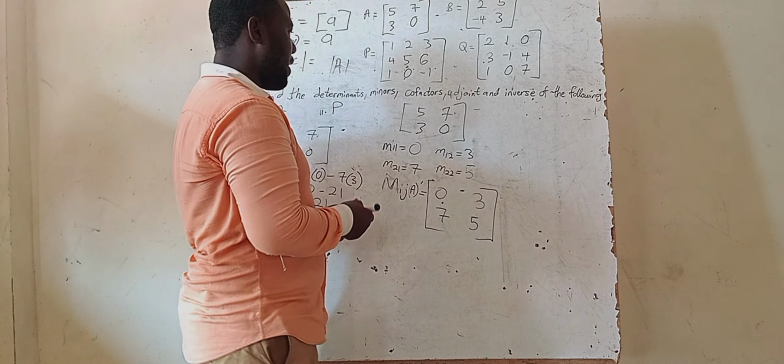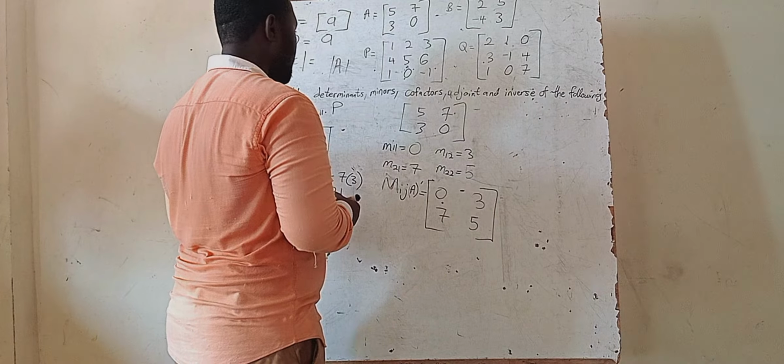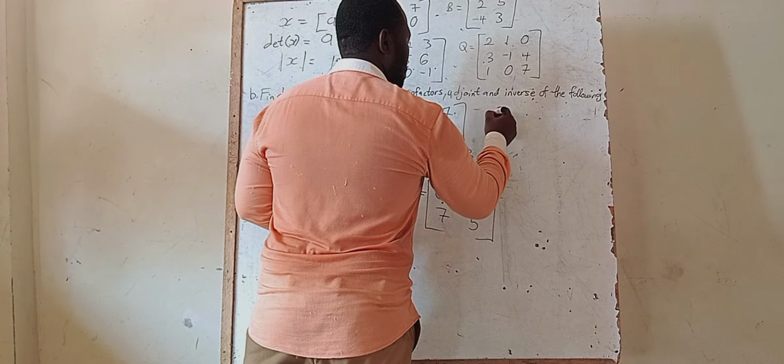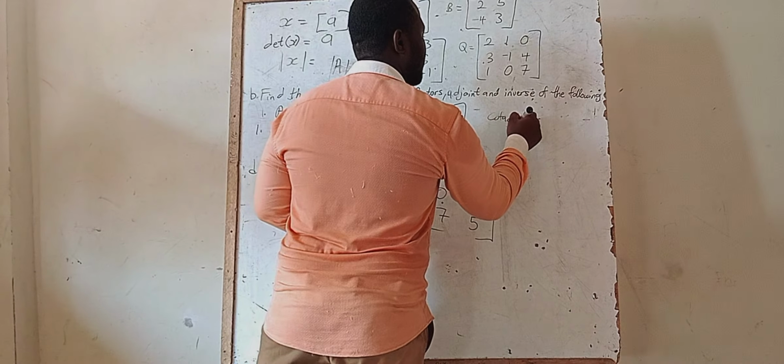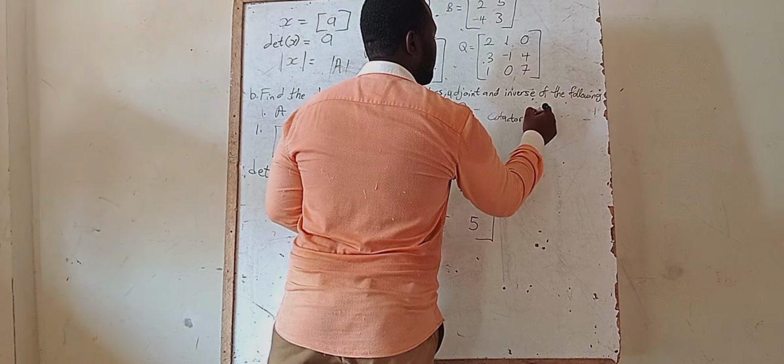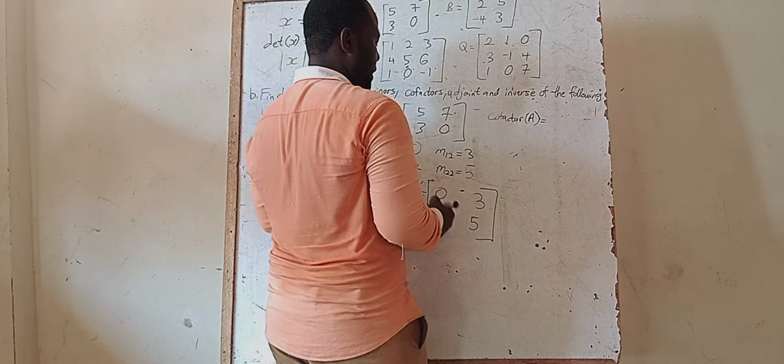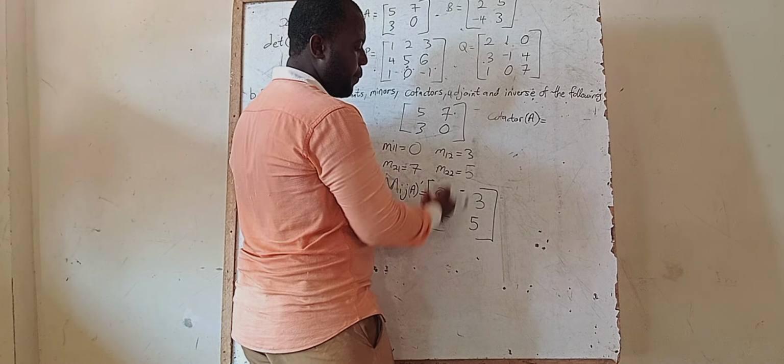So if they say find cofactor of A, you can write cofactor of, let's say, A is, we first find the minor.